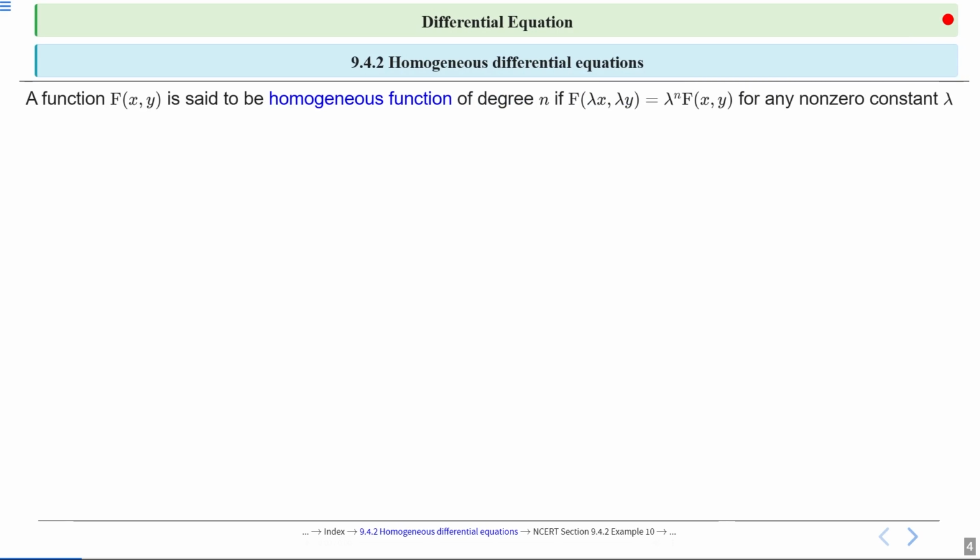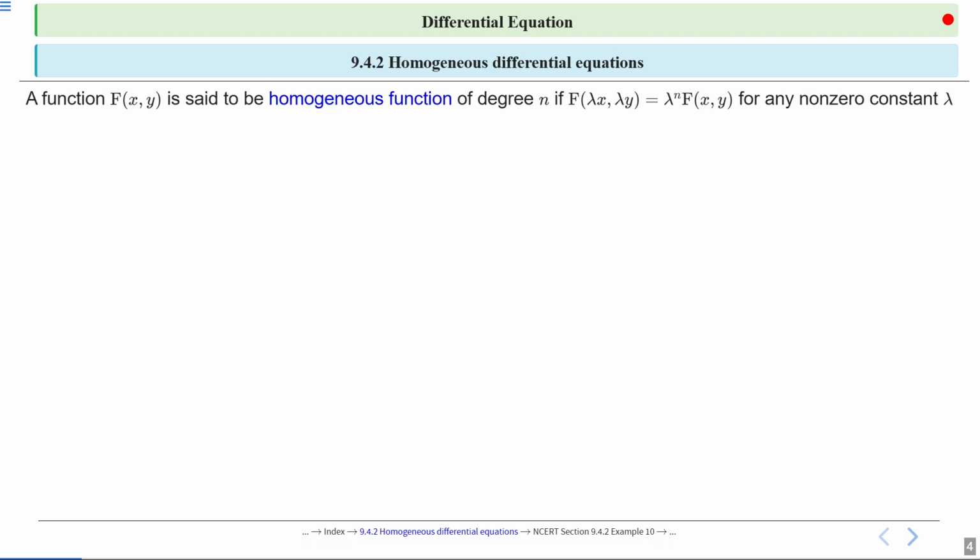Okay, so what is a homogeneous function? Let's suppose there is a function f(x, y), then it is said to be a homogeneous function of degree n if f(λx, λy) is equal to λ to the power n f(x, y) for any non-zero constant λ.